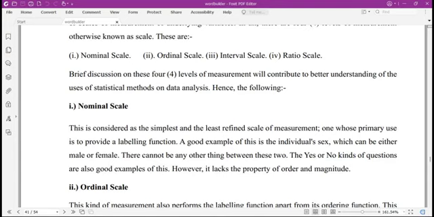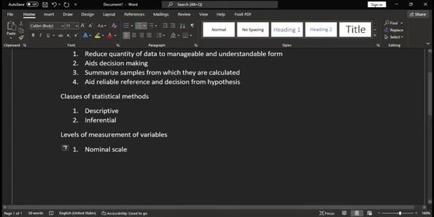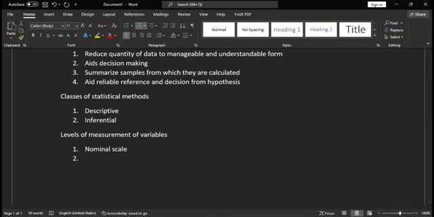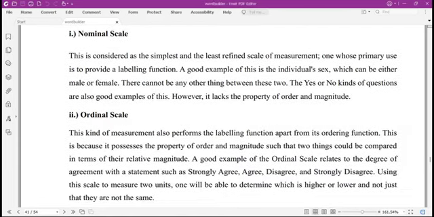Okay, the next one is ordinal scale. This kind of measurement also performs the labeling function apart from its ordering function.